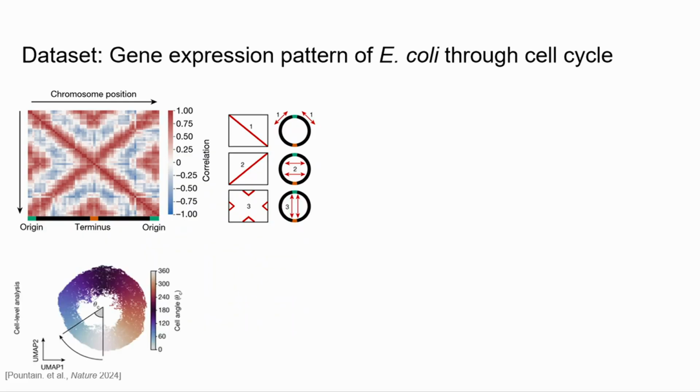Then when we mapped the single-cell RNA-seq to a 2D UMAP, we saw a circular pattern that showed the trajectory of the cell cycle of individual cells.